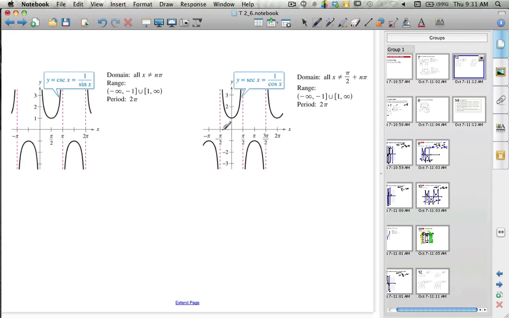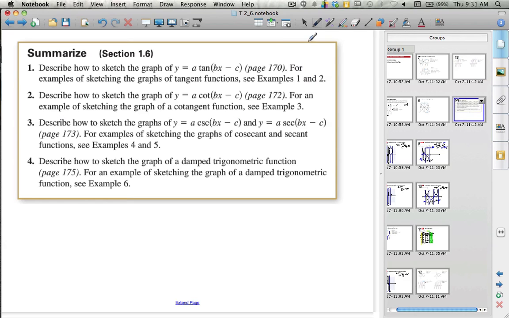So it helps to make the sine and the cosine functions and then work off of those. Okay, so what have we done today? We've talked about the graph of tangent and cotangent, cosecant and secant, and then we went very lightly through damped trigonometric functions. And that's it for 2.6.